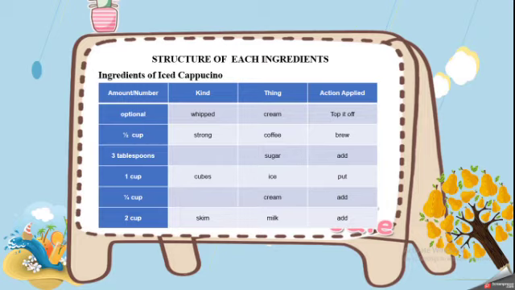Amount you can fill with the number of the ingredients. 1/2 cup. The kind is strong and the thing is coffee. And the action is brew.